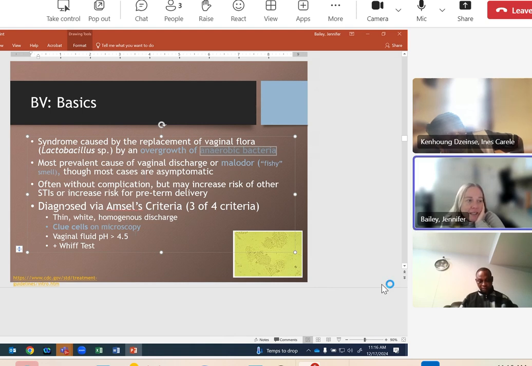It can increase the patient's risk of acquiring other STDs, so that's why it lumps into the STD guidelines. On a wet mount or under a microscope, the main finding that is associated with bacterial vaginosis is the presence of clue cells. This specifically correlates with BV.